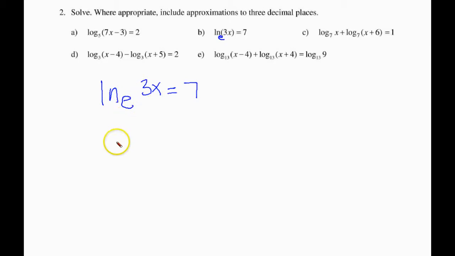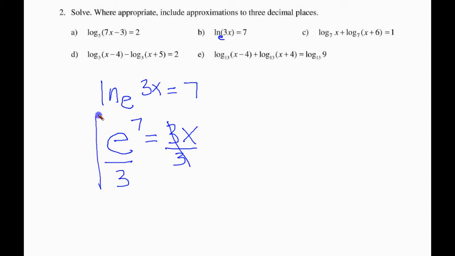So our base is e, our exponent is 7, and it equals 3x. We have converted this from its logarithmic form to its exponential form, and now we just solve for x. Divide both sides by 3.